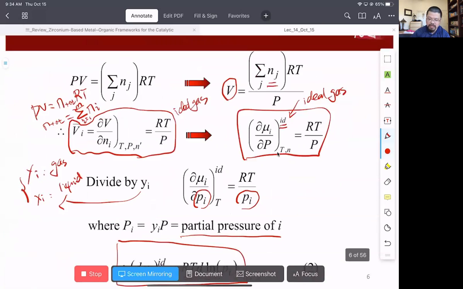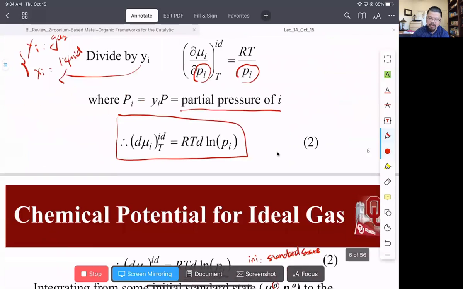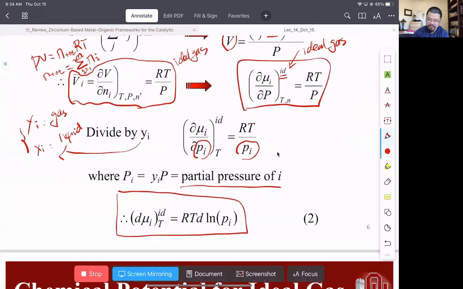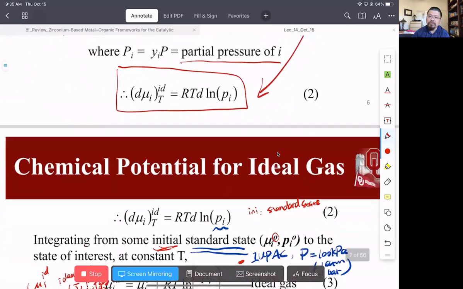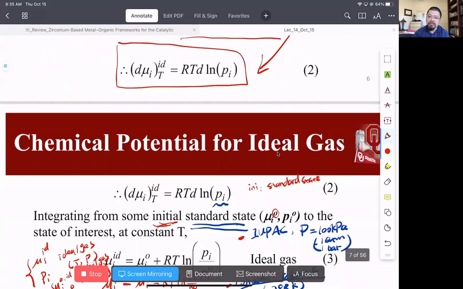And once we have the ideal gas discussion, we are pretty happy with the equation 2. But we also realize that this is only valid for the ideal gas systems, ideal gas pure component or ideal gas mixtures, because we utilized the ideal gas to derive this equation 2. So this is why naturally we try to answer, what if I have the real gas mixtures, no longer ideal?